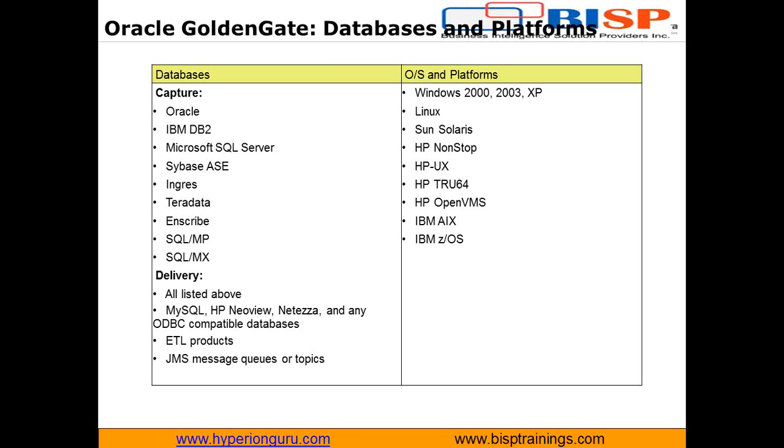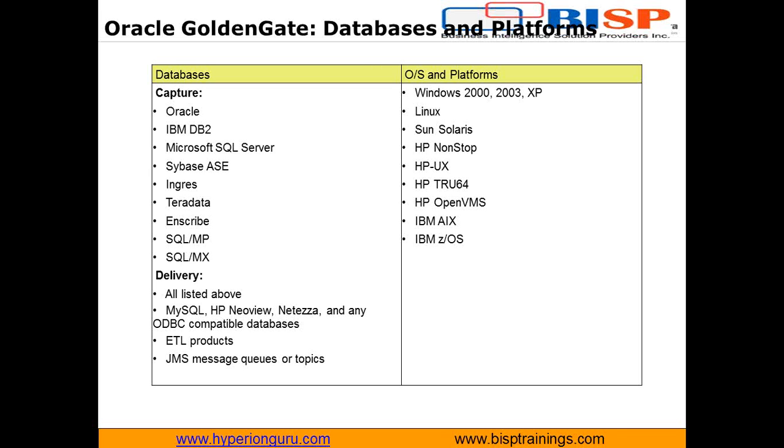You can capture the data from Oracle, IBM DB2, Microsoft SQL Server, Sybase, Ingres, Teradata, Enscribe, SQL/MP, SQL/MX, and you could deliver this data to all of the above or MySQL, HP NonStop. It also supports Netezza.